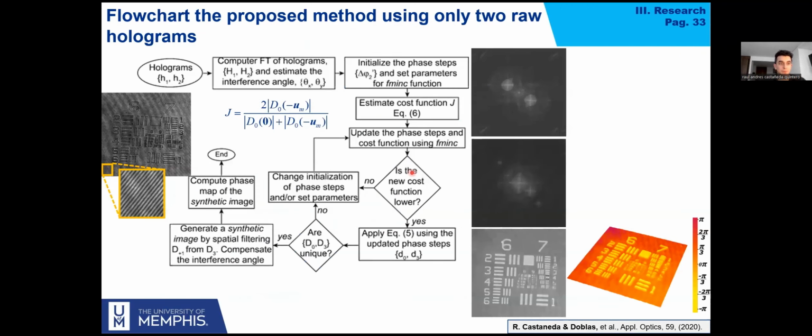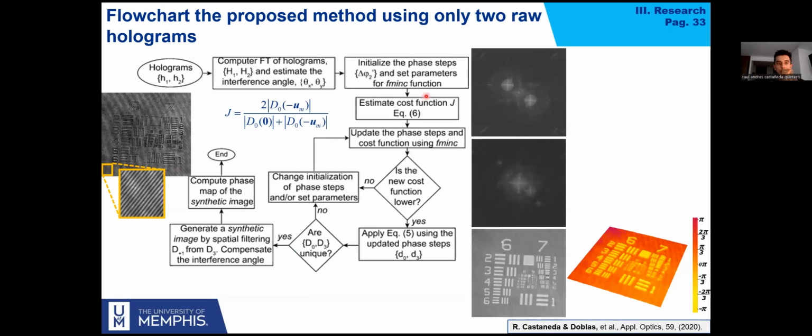Okay, this is the flow chart of the proposed method. First, the algorithm needs two holograms as input, H1 and H2. Later, we compute the Fourier transform of the hologram and create random values as the seeds of the algorithm. These seeds are two random values for the phase shifting.